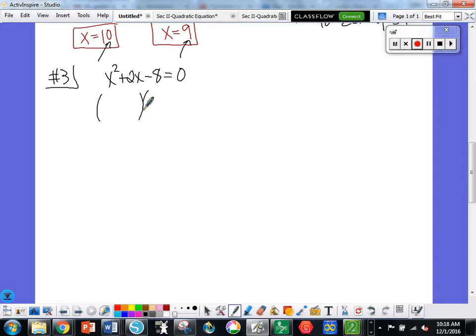We're looking for two numbers that multiply to what? Multiply to a negative 8, add to 2. What multiplies to a negative 8 and adds to 2?